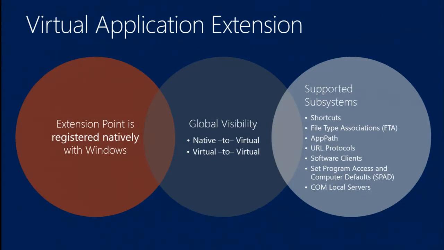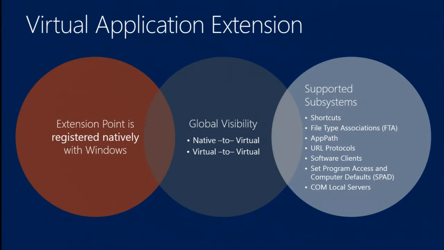What we did is, this was actually quite a bit of learning that we got from the Office 2010 package. We thought, wow, there are lots of extension points that Windows has that we'd like these apps to be able to register their capabilities with. So the first two on this list already exist in 4.6. The rest of them are new to 5.0.